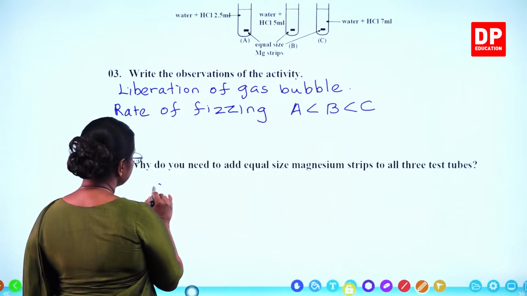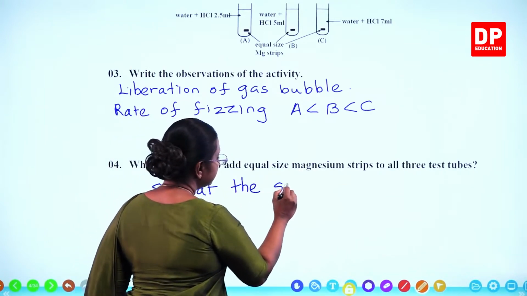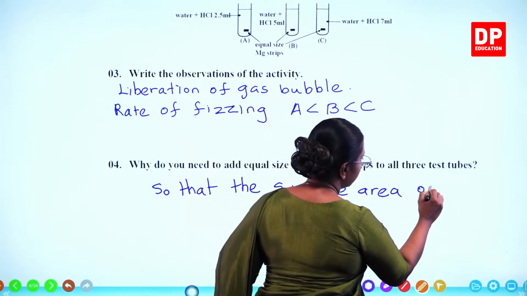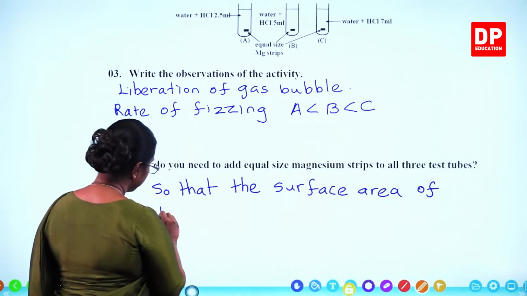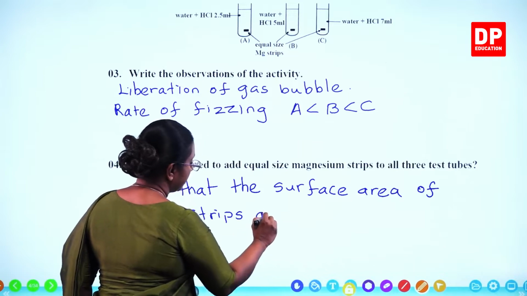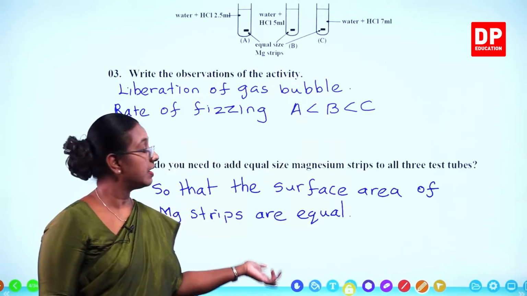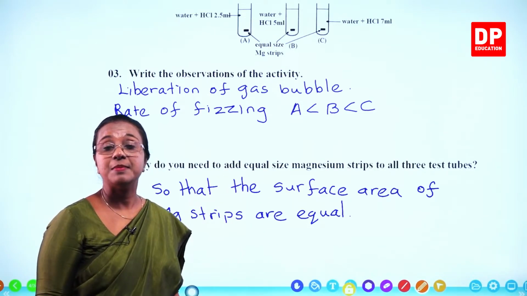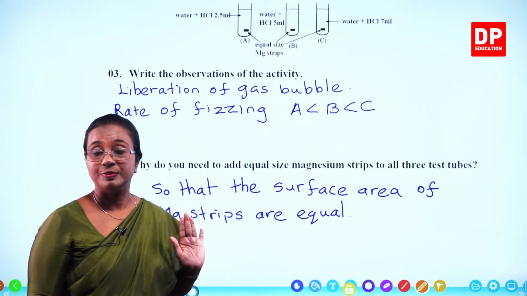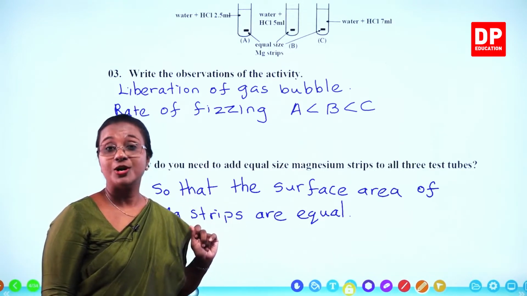So here we can say, so that the surface area of magnesium strips are equal. So that is the reason why you need to use equal size magnesium strips, to have the surface area of magnesium strips to be equal in all the test tubes. So those are the two questions. We'll move on to the next slide.